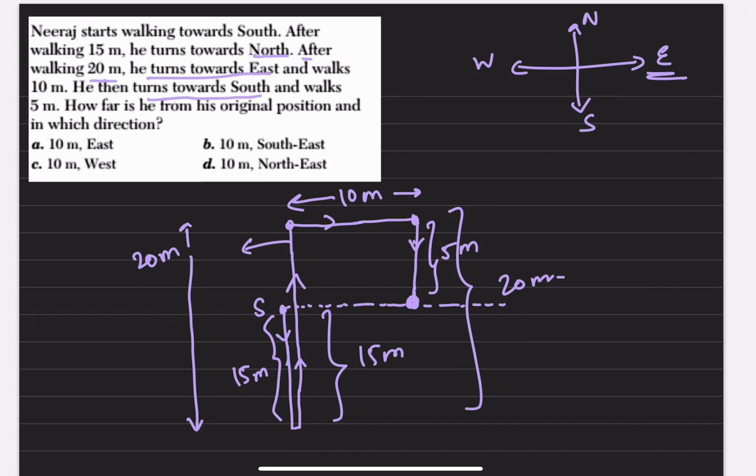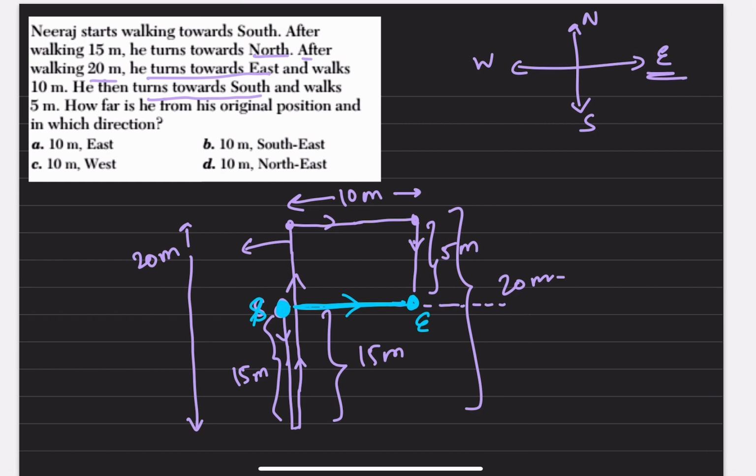That means this is where he has stopped, right? At the end they're asking how far is he from his original position and in which direction. This is the start point, and this is the end point. We have to find the direction with respect to our start point always, unless mentioned.